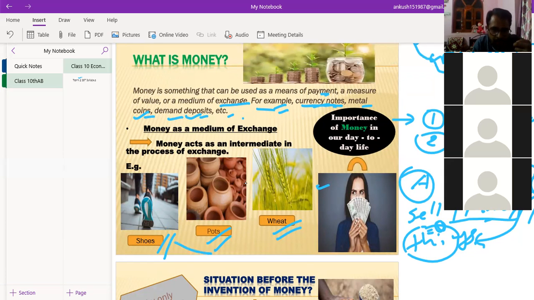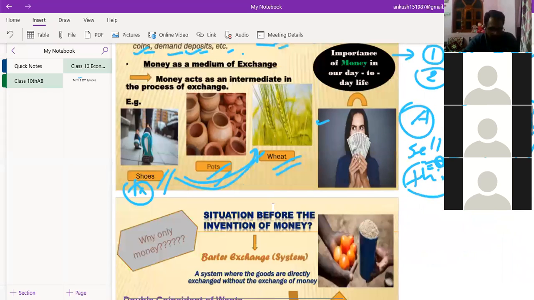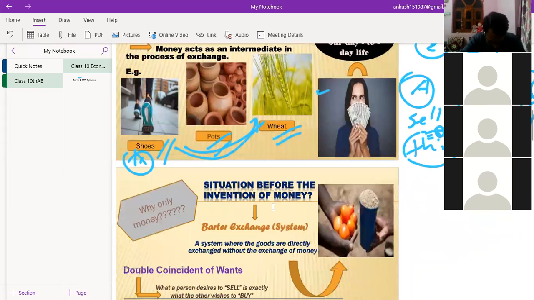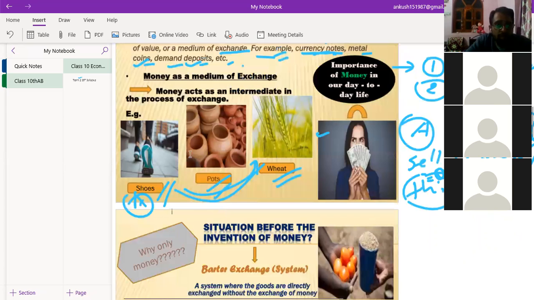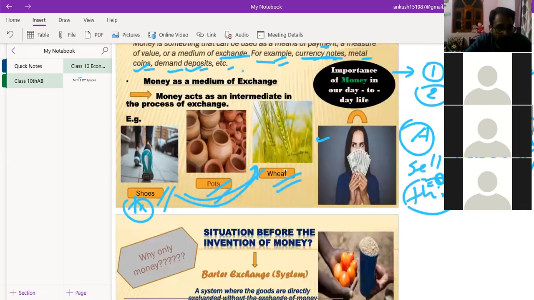Suppose the wheat seller doesn't want to purchase shoes. But the shoes manufacturer wants to purchase the wheat, but the wheat seller does not want to purchase shoes. In this situation, there would be a problem with the wheat seller as well as the shoe seller.